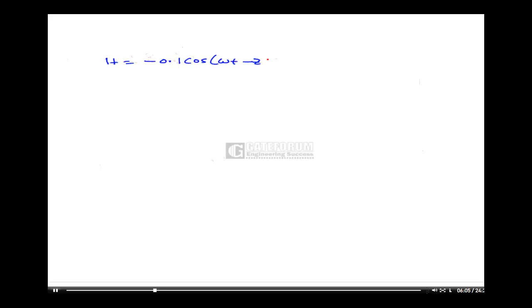So we calculated the epsilon r value and omega value. Now we have to calculate the E value. Here the H value is given as minus 0.1 cos(omega t minus z) ax cap plus 0.5 sin(omega t minus z) ay cap ampere per meter.